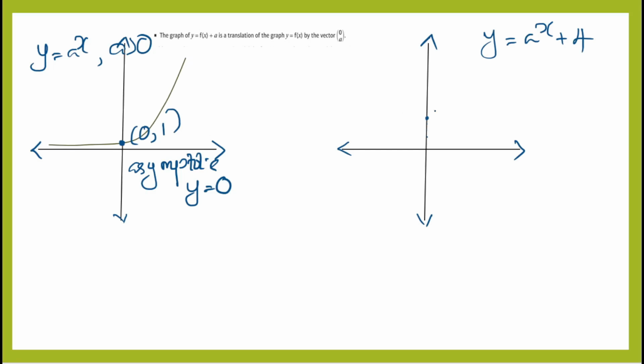Therefore, the graph crosses the y-axis at (0, 5). Now the equation of asymptote is y equals 4.